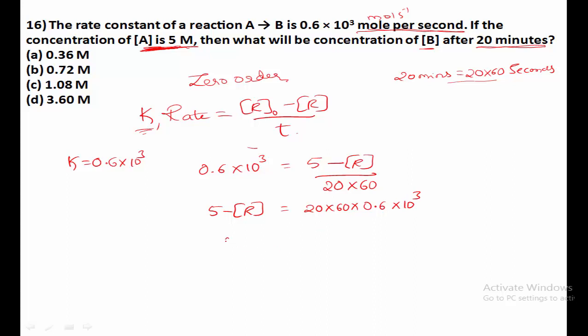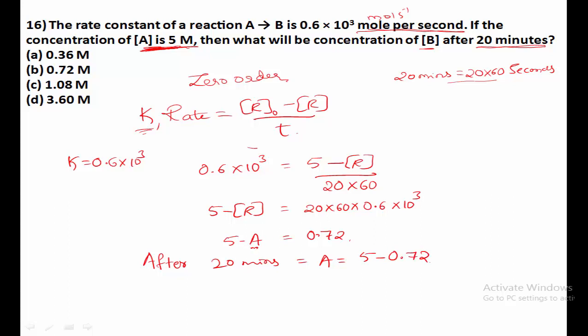Then 5 minus, instead of R you can call it as A. Okay, concentration of A, that is how much you will get? 0.72. Now after 20 minutes, here what you will get means concentration of A is equal to 5 minus 0.72.